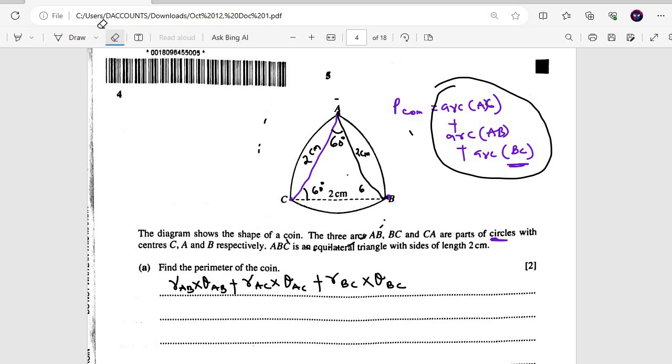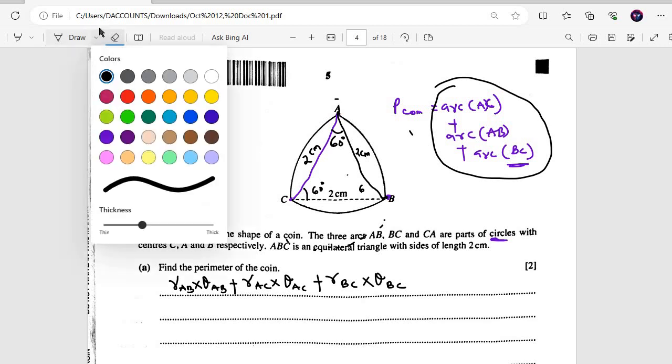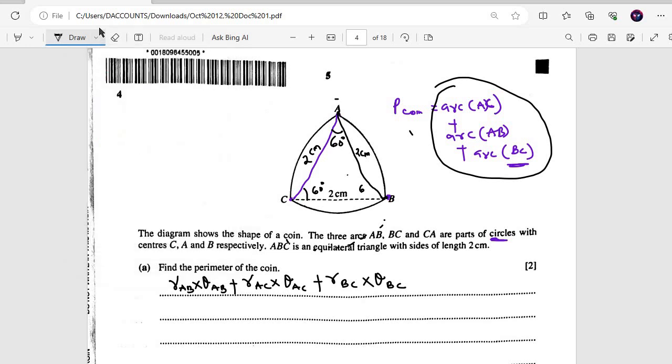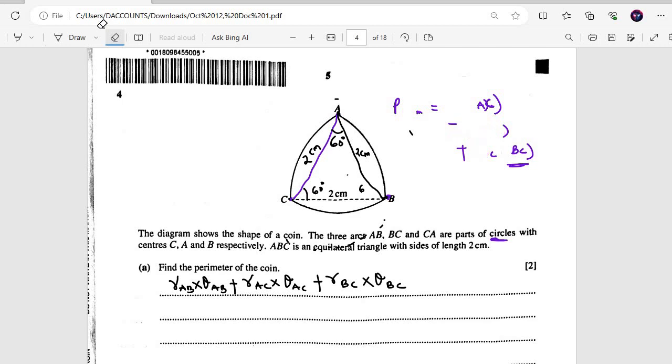Now, if A is the center of the circle, let's consider AC as an arc. Let me clean this.